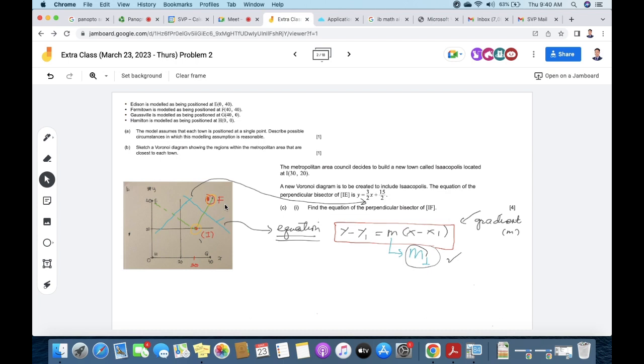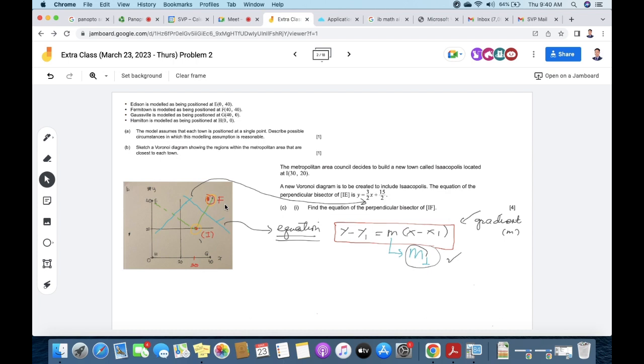By the way, I cannot tell you everything. I need to guide you through how to analyze this so that later when the same problem is given, at least you understand how we were able to use these values or why we have chosen to find this point instead of the other points. So going back, gradient is correct. We need a gradient. Take note, the gradient of the perpendicular bisector, not the gradient of IF. That's clear. How about x sub 1 and y sub 1?